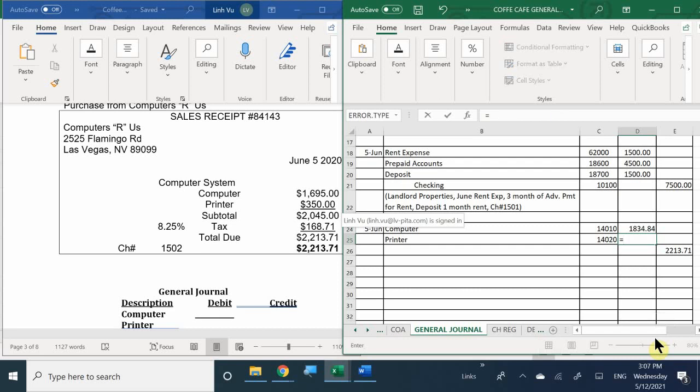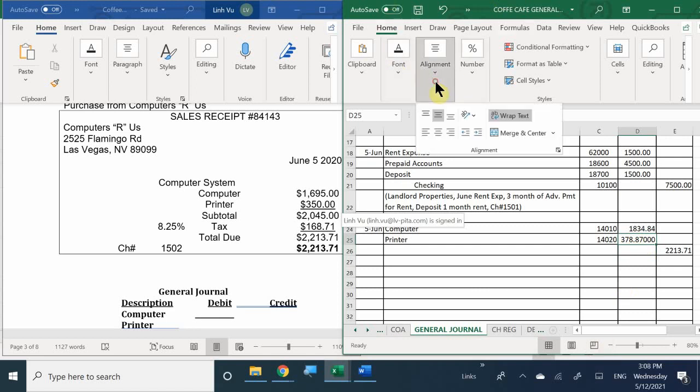So I'm going to take my total amount that I paid and simply subtract out, because the top number already has my equal round. That means the next number I calculate is going to give me an even number right here. So now my printer should be 378.87.